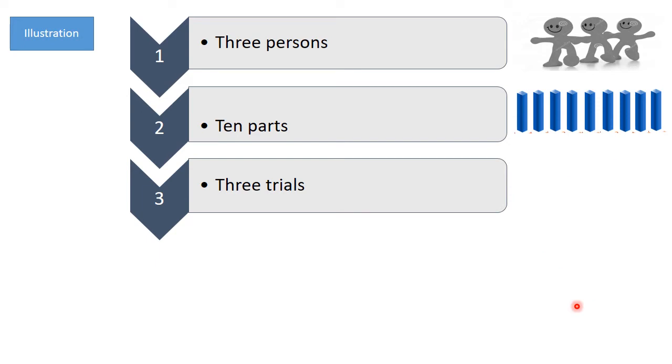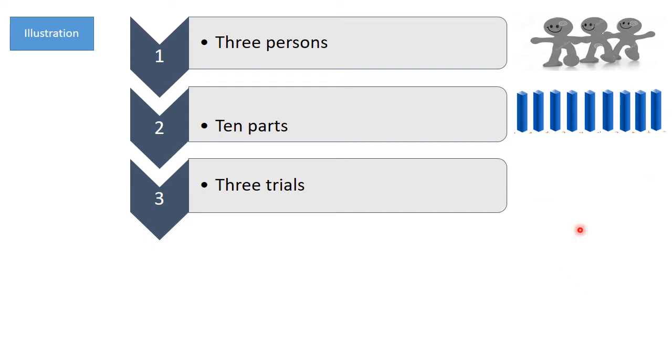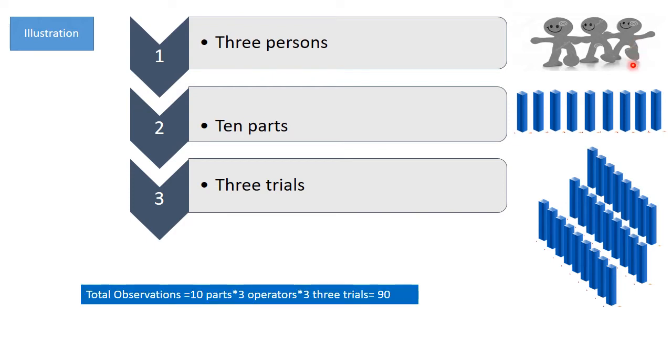Similarly, operator number two will be checking each part three times, followed by the third person. So there will be 10 parts, three operators, and each person checking three times. Altogether there will be 90 observations for this study.